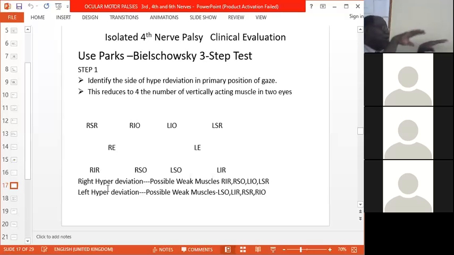Because when you're looking at both eyes for you to determine that this is at a higher level, it means maybe in the left it's not coming up to this level. Equally, in the same eye, it's not depressing as expected. So the weak muscles are the depressors in the eye which is hyperdeviated, and the elevators in the eye which maybe looks still normal. Those are the possible weak muscles. That's the meaning of this. Very clear. Very good.